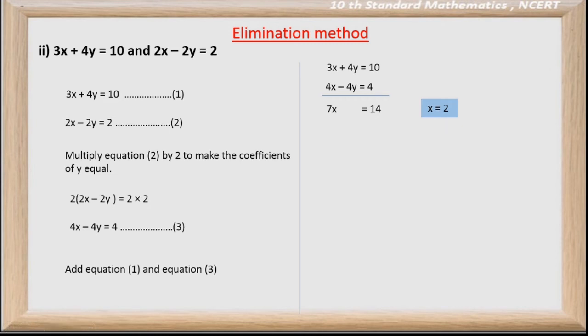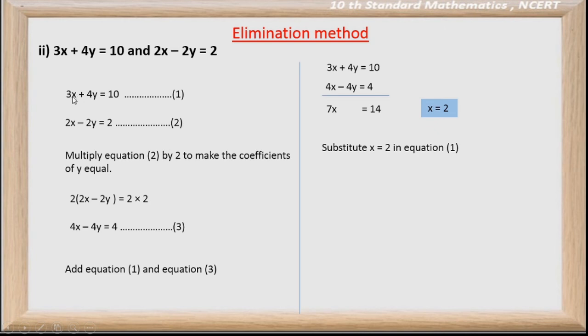So what is the next step? We should substitute the value of x in any of these equations. Then we can find the value of y. Here, substitute x equal to 2 in equation 1. This is equation 1, 3x plus 4y equal to 10. In this, I am going to substitute the value of x.